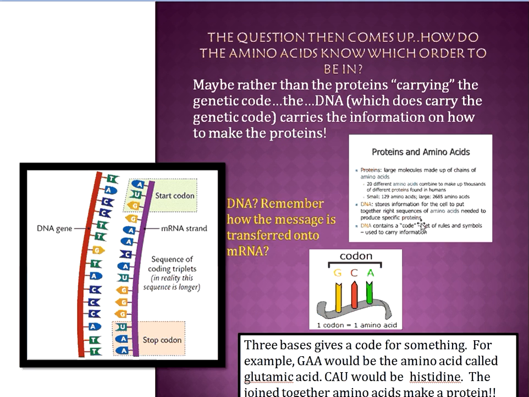Proteins are large molecules made up of chains of amino acids. We've talked about that. There are about 20. Small proteins can go down to around the 50s, 60s, and they range from 129 up to almost 3,000. The DNA stores the information for the cell to put together the amino acids in the correct order. We've looked at that by looking at the codons.